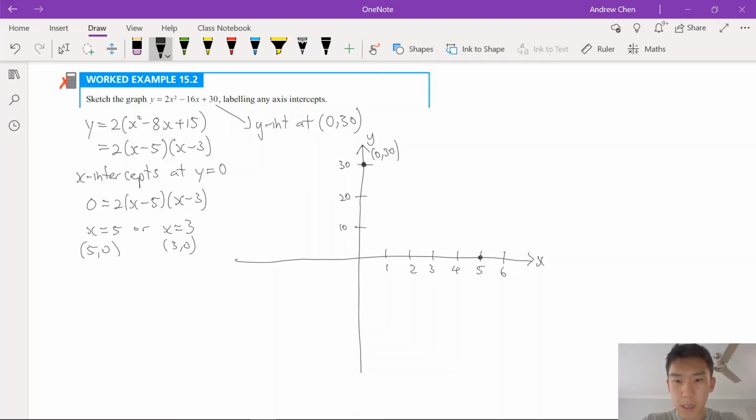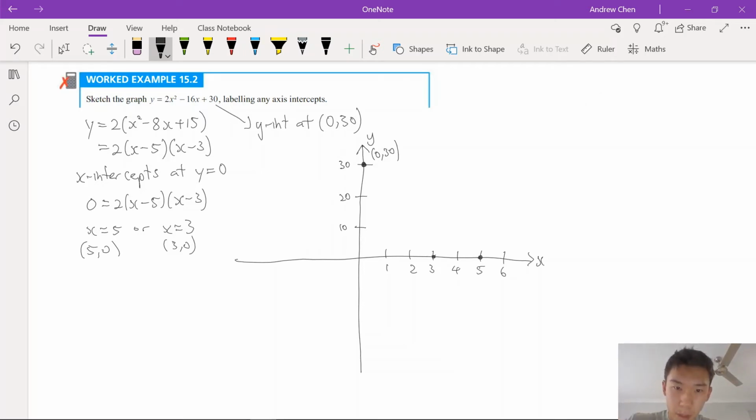So I've got x-intercepts at 3 and 5. So the parabola should look something like this. Now the turning point will occur at x equals 4, because that's halfway between our two x-intercepts.